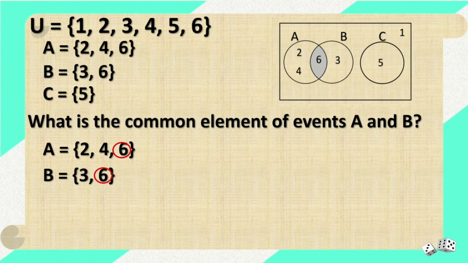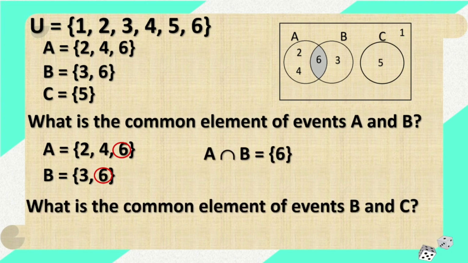Kung titingnan natin, meron silang common element, which is 6. The two events have a common element, which is 6. It is the intersection of the two events A and B, written as A intersection B is 6. Ibig sabihin, a set of elements common to both events A and B.